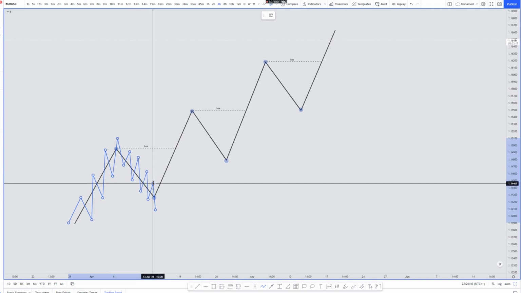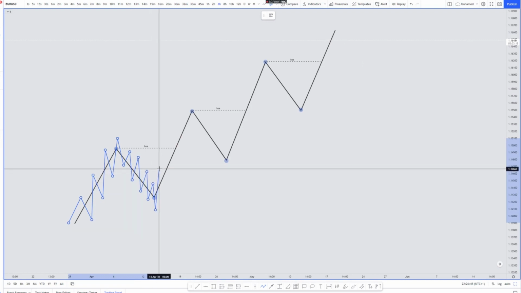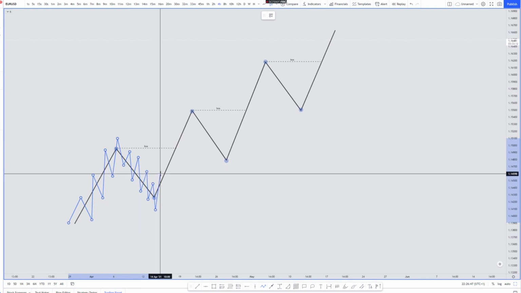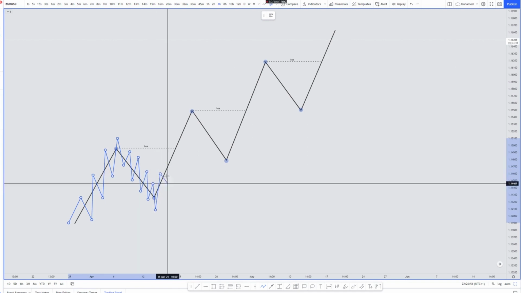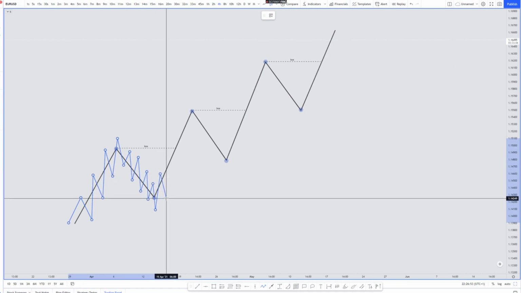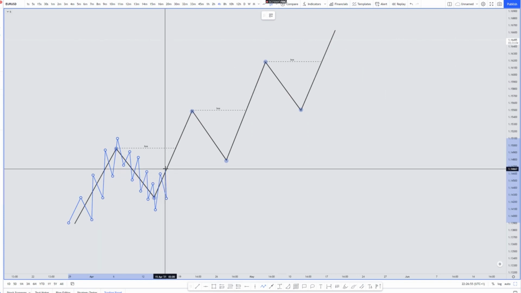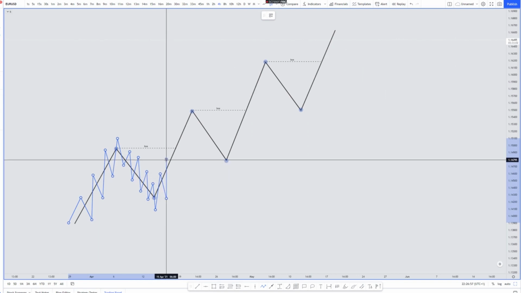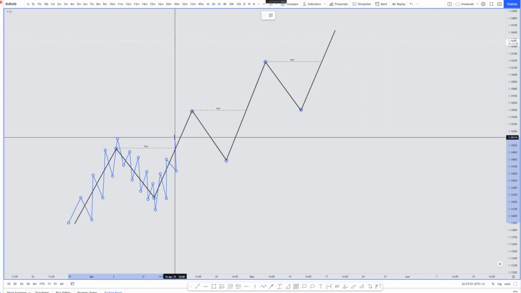So now as we take this high on the 15, we now just became bullish. Unconfirmed, but bullish. We're in line with the 4-hour trend now. And now we can start making trade ideas to continue with the higher time frame narrative.